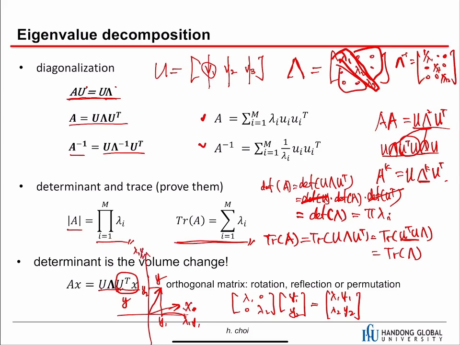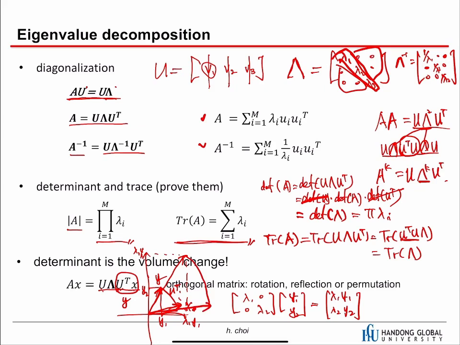Then actually we changed the vector. And after changing this scale, we rotate the vector back. From this, we got this by U transpose. Then by U, we rotate this back. So now we have this one.